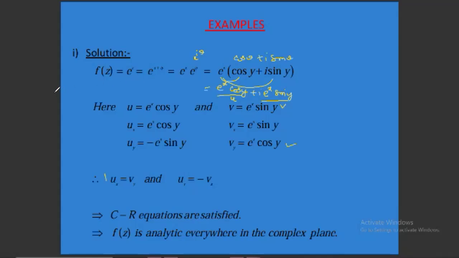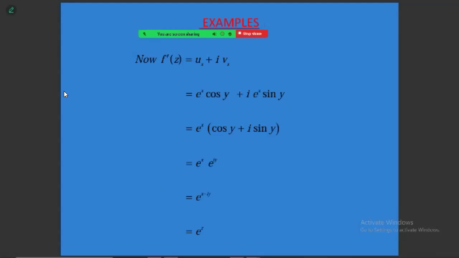So here it satisfies the first condition, u x is equal to v y, and the second condition also is satisfied, u y is equal to minus v x. So the CR equation is satisfied for this problem. That is, f of z is equal to e power z is analytic and it has a derivative also.